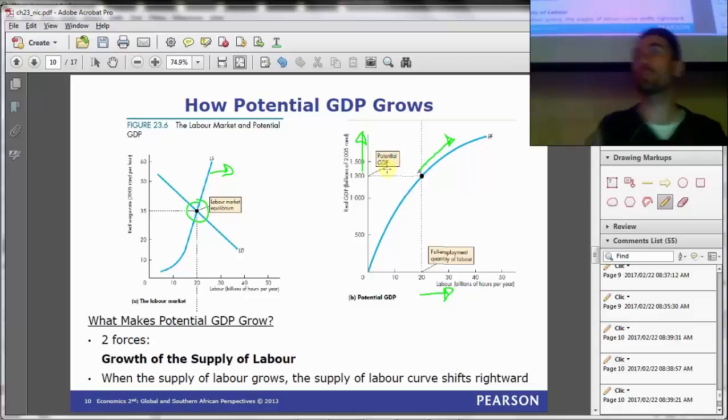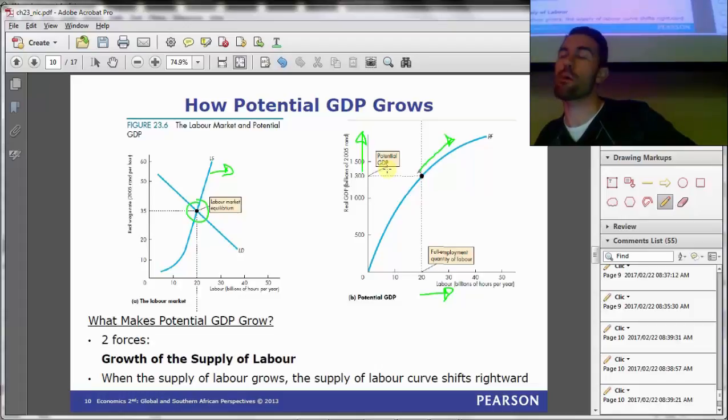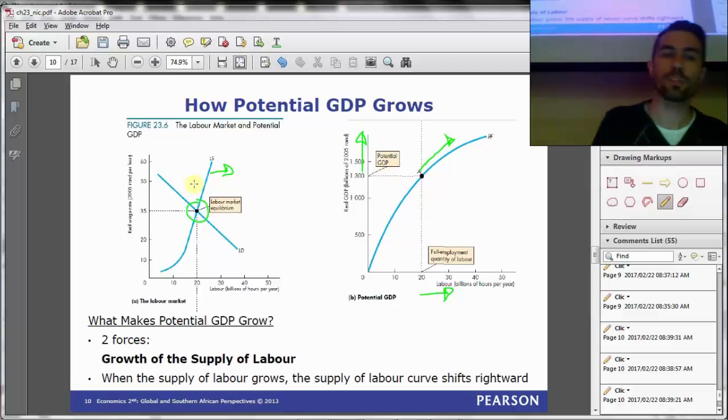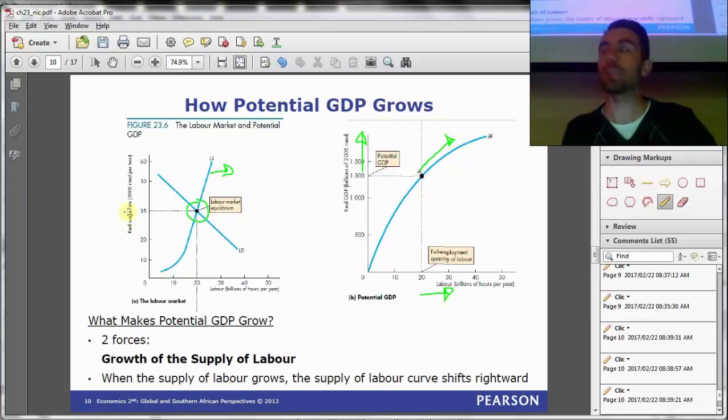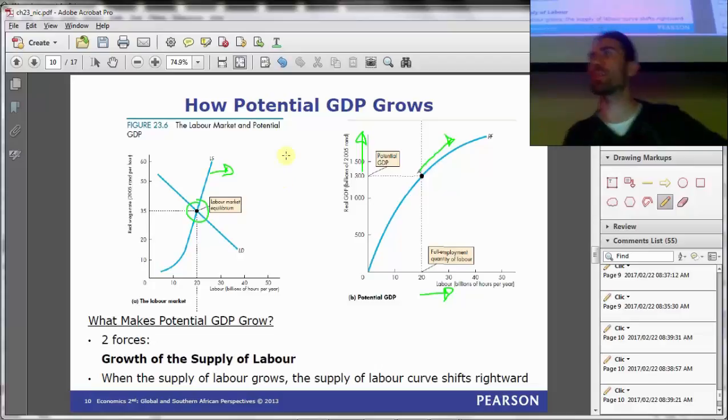Yeah. So you're saying if we decrease the real wage, then labor would obviously increase and then potential GDP would increase. Okay, so I didn't start with decreasing the real wage. What I started with was increasing labor supply. If our labor supply increases, there will be downward pressure on real wages.